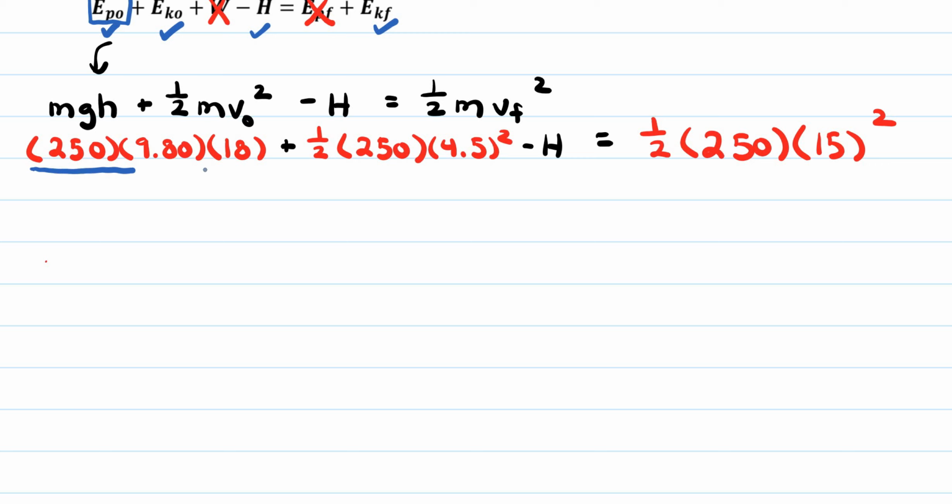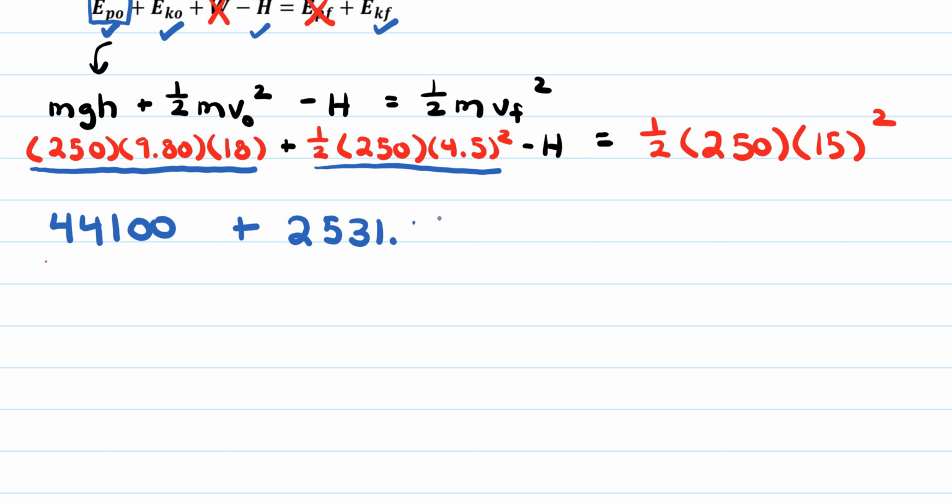If I multiply these numbers out, my potential energy is 44,100 joules, plus my initial kinetic energy, which is 2,531.25 joules, minus my heat energy, and that equals my final kinetic energy, 28,125 joules.